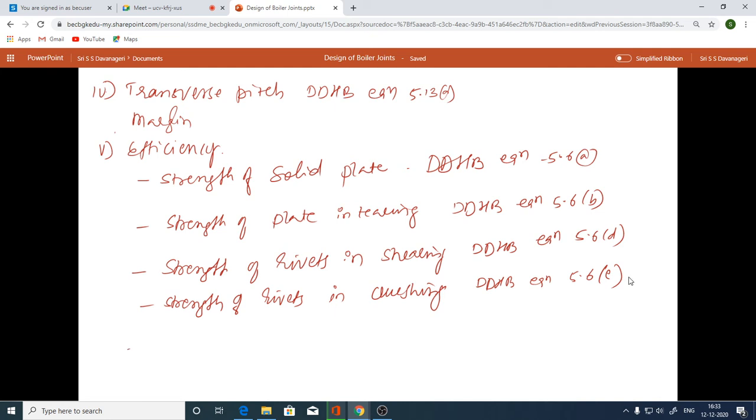So now efficiency is the lowest strength divided by strength of solid plate, into 100, you will get in terms of efficiency. Now this procedure is for a longitudinal joint. Next you need to go for design of circumferential joint.